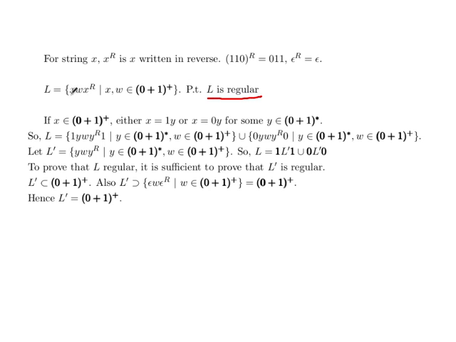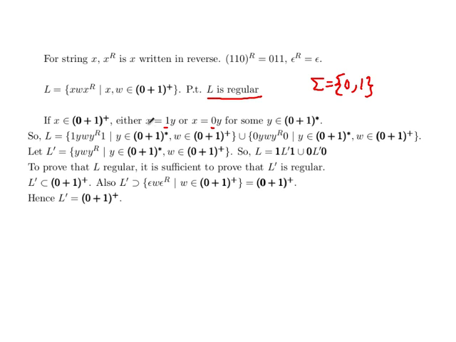See, this X is some non-empty string, right? So it either starts with 1 or it starts with 0. It has to be either 1 or 0, because that's our alphabet. There is no other symbol. So it is of this form, either 1y or 0y.